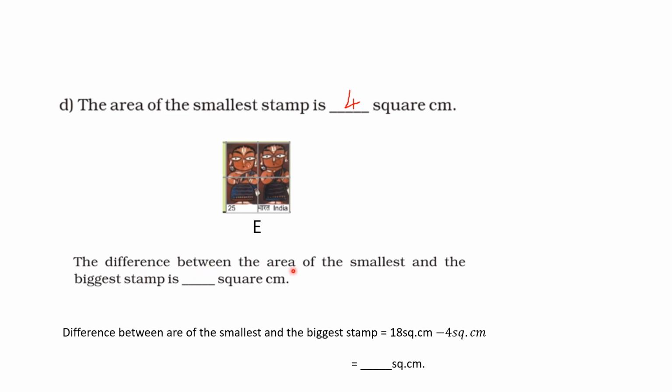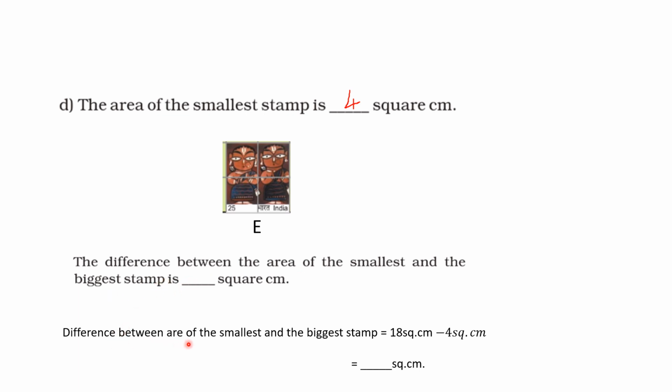The difference between the area of the smallest and the biggest stamp is dash square centimeter. We already saw the biggest stamp is stamp A and the smallest stamp is stamp E. We have to find the difference between the area of the smallest and the biggest stamp.